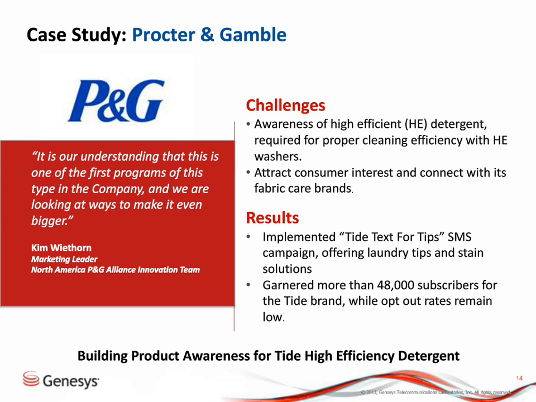And the incentive to opt in is a chance to win a year's supply of Tide high-efficiency detergent. And the result is that they quickly garnered more than 48,000 subscribers with low opt-out rates. So, again, this is just one example of very many ways that you can proactively engage with your customers.